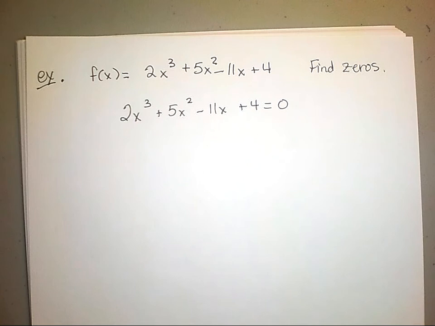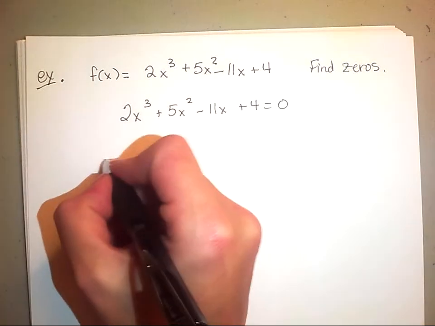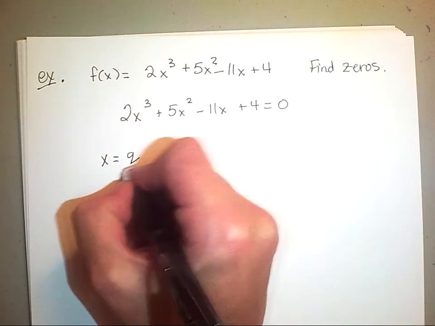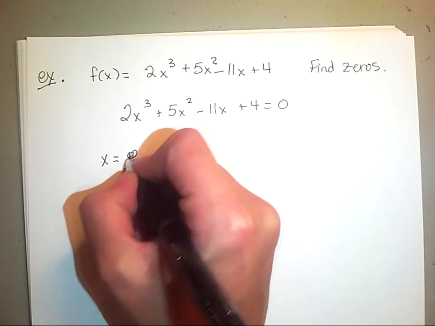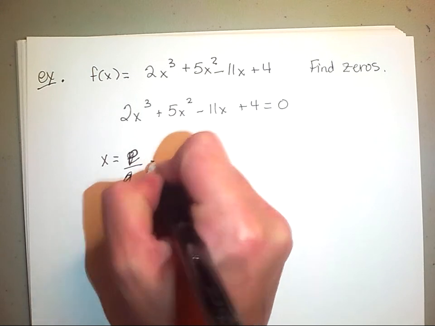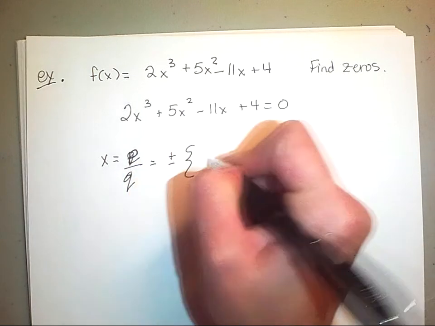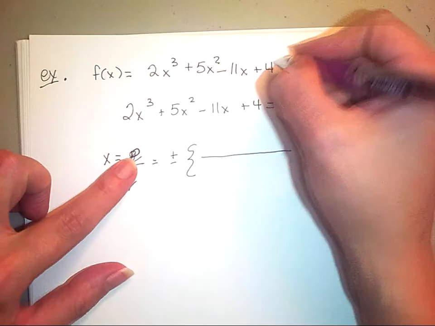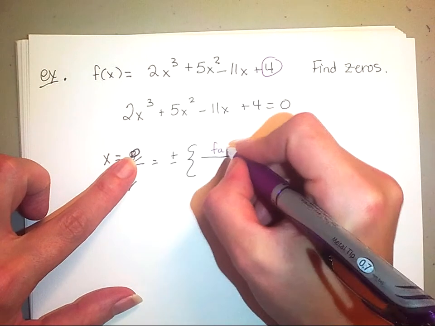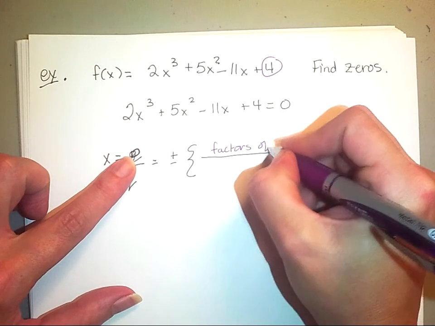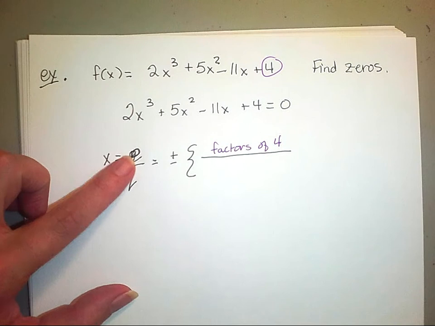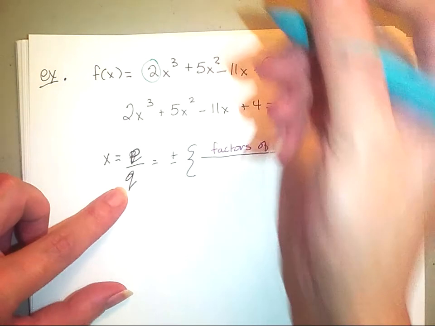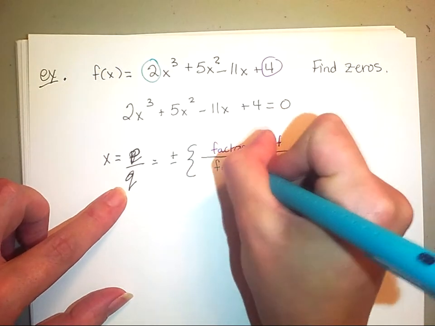So let's find our possible rational solutions. Let's see, p over q. It's going to be plus or minus a set of. So p has to be the factors of 4. And our denominator q will be the factors of 2. Okay.